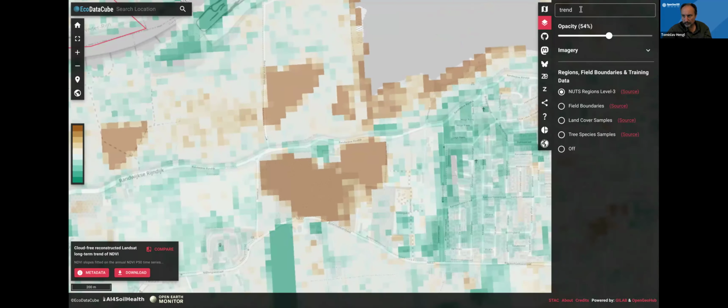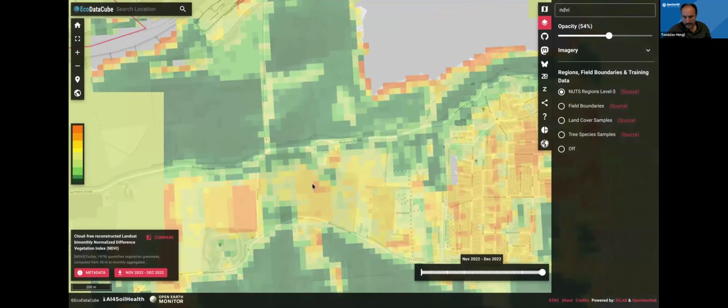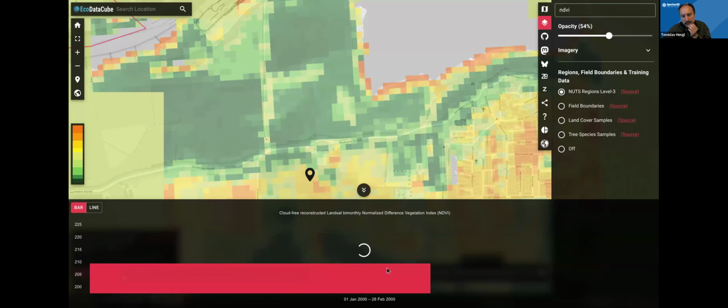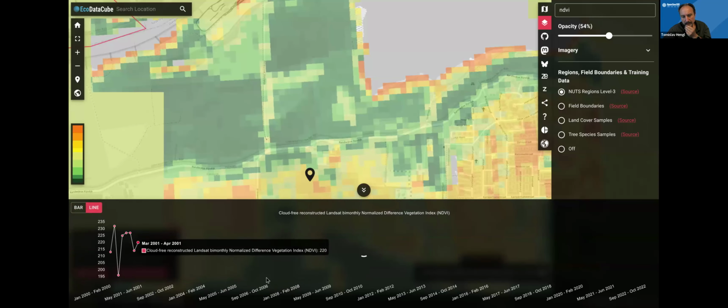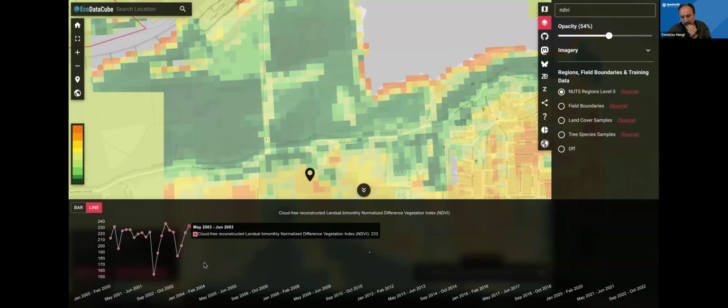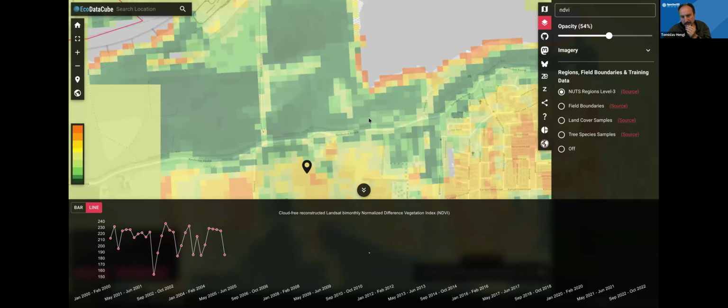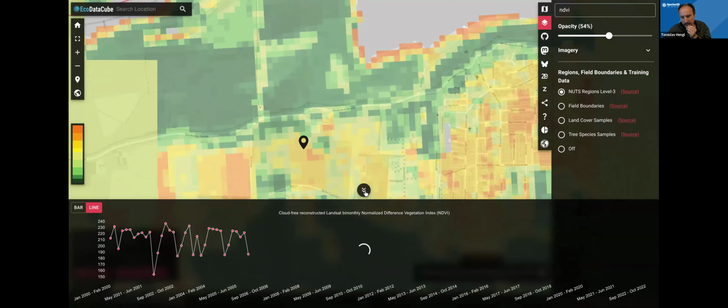So we will probably have to open the NDVI bi-monthly and then look at what really happened here with the NDVI and where it happened. So that's this one. You see there's a lot of data here. If I query, that takes a bit of time, we can see that in some years something happened with NDVI and it started going downhill. And that's interesting to see which year it happened and what is the reason.